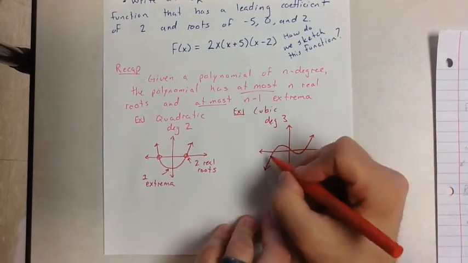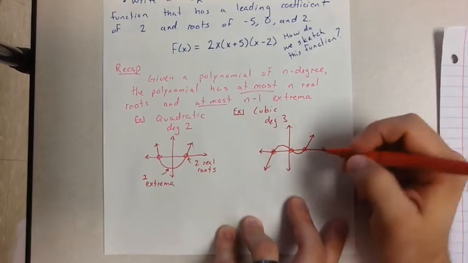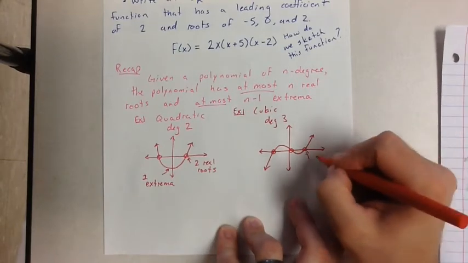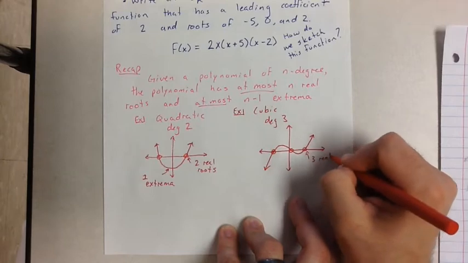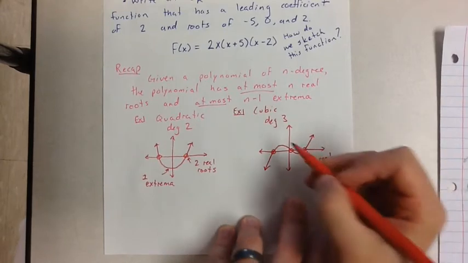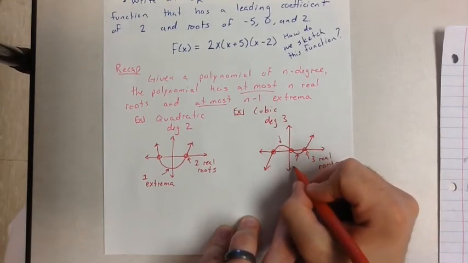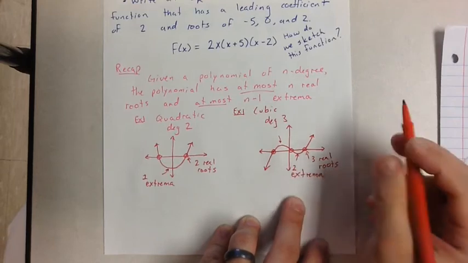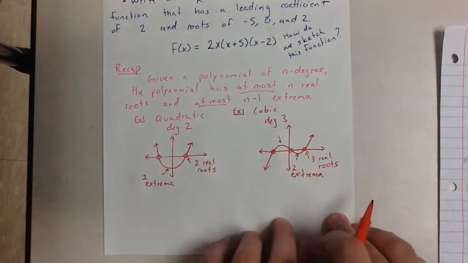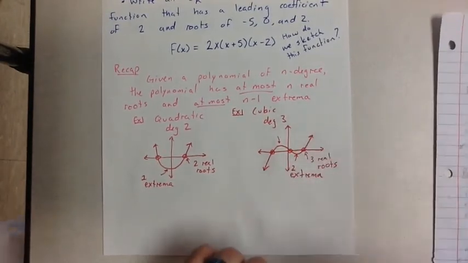With this cubic function, we have 1, 2, 3 real roots, but we could have had fewer. And we have 1, 2 extrema. So just some concepts that we've seen recently, reviewing those, getting pictures of those.